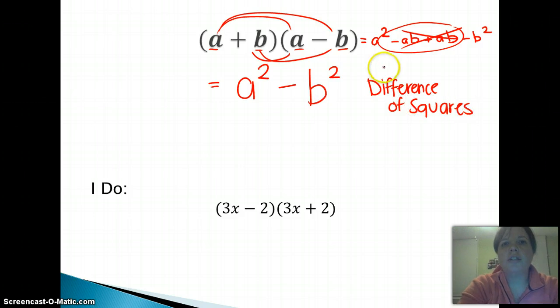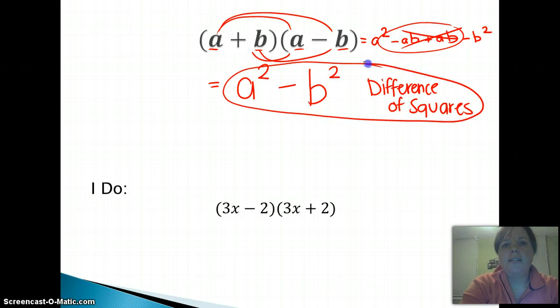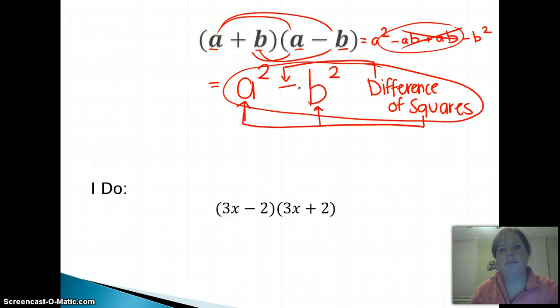The result here is called a difference of squares because there's your square terms, and difference means subtraction. So we use this special name to talk about this particular relationship.